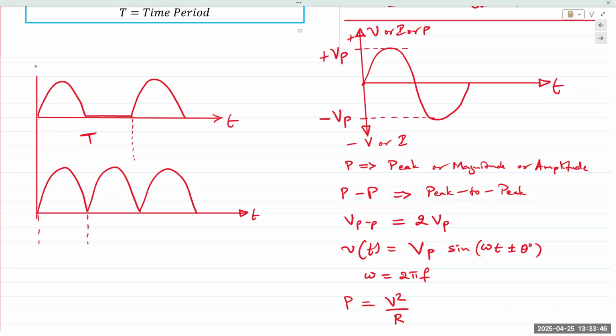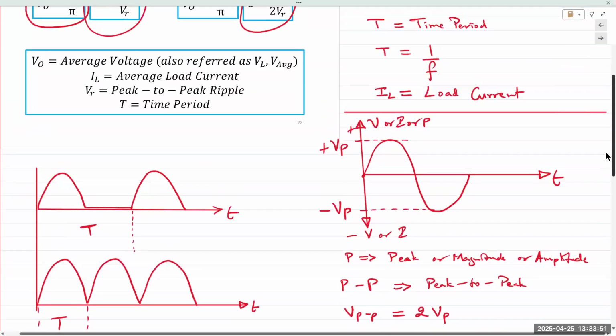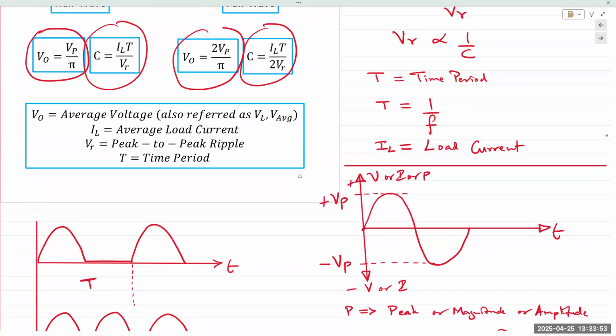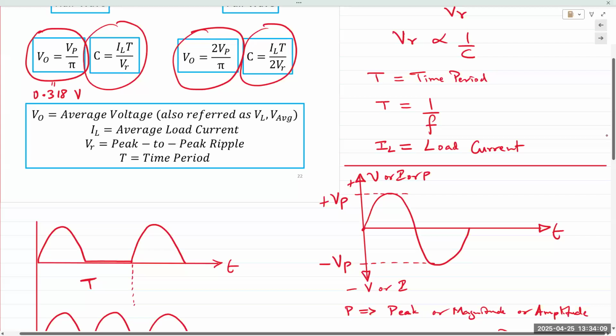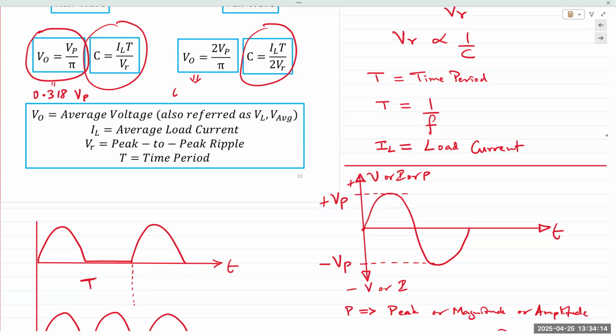So from the original frequency, for a full wave rectifier, it's 2 times VP over pi. VP over pi comes out to be 0.318 VP, and this one is approximately 0.637 times VP. And the RMS value is 0.707 times VP.